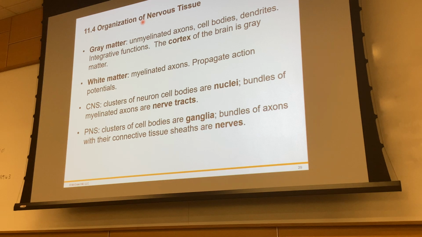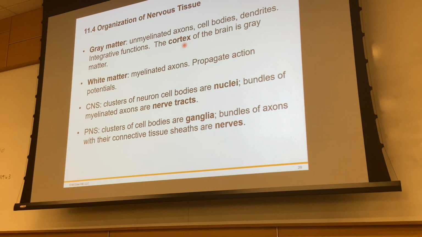We talked about the overall structure of the central nervous system and the peripheral nervous system, and the fact that gray matter found in the central nervous system is unmyelinated, and white matter, regardless of whether it's in the central or the peripheral nervous system, is myelinated. Those white matter areas send action potentials in a saltatory manner. The gray matter sends action potentials in a continuous manner.